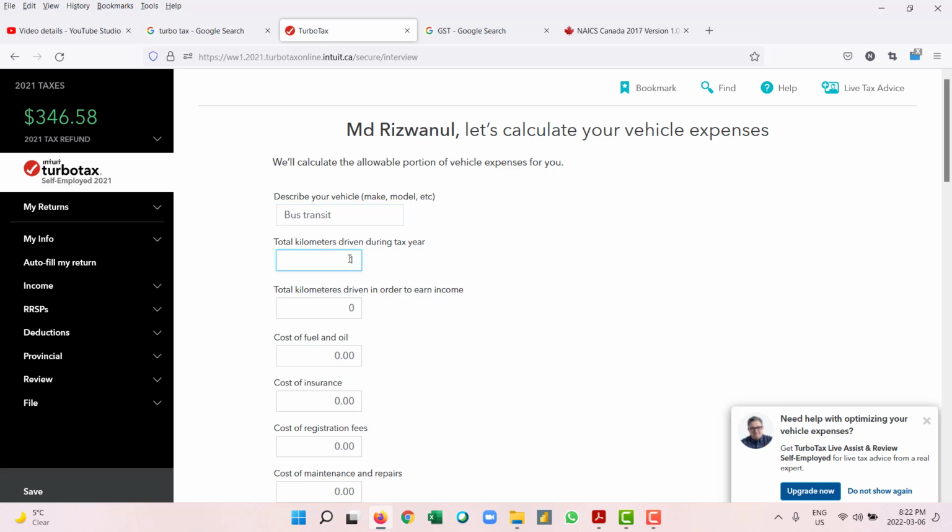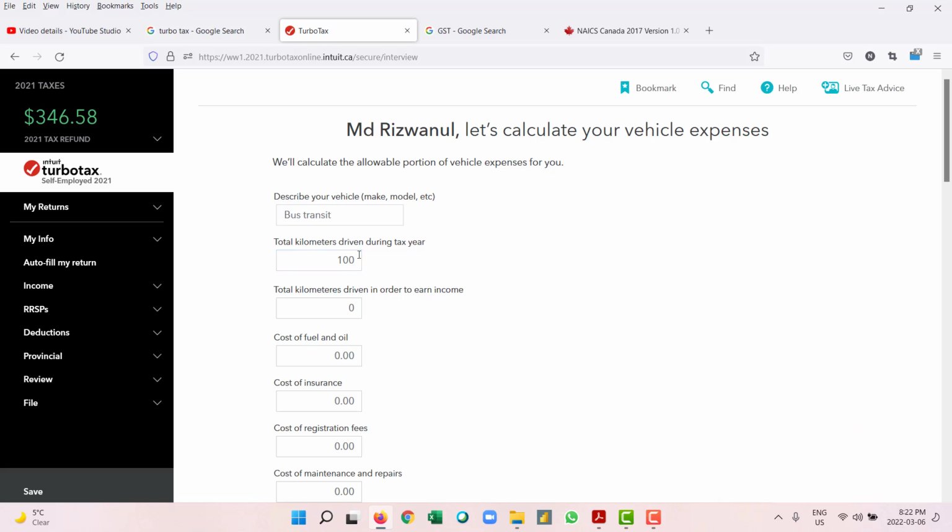Kilometers driven. I probably drove almost 1,000 kilometers. Total kilometers driven, 1,000. Cost of travel and fuel.